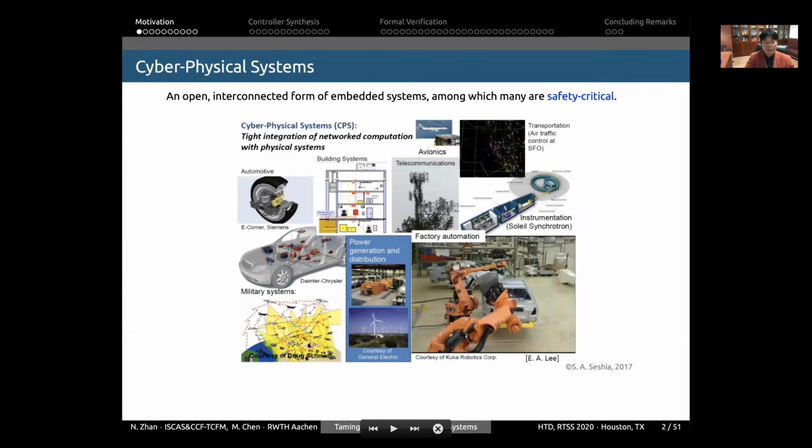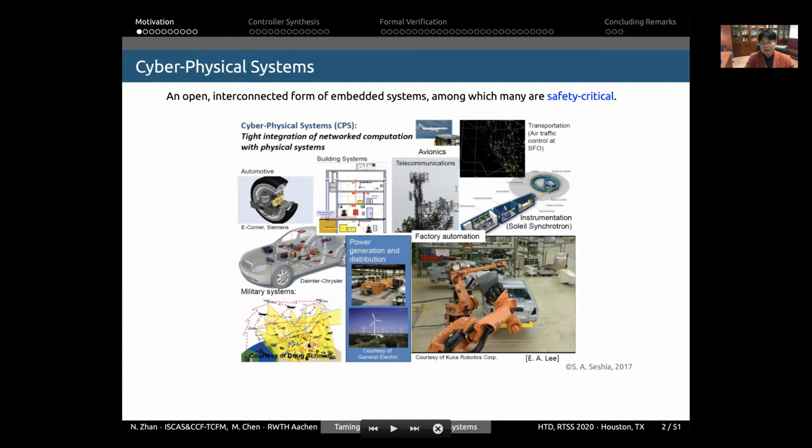Actually, there are lots of important applications in our daily life of cyber physical systems. For example, automotive, military systems, smart buildings, power generation and distribution systems, avionics, telecommunications, transportations, instrumentations, factory automations.